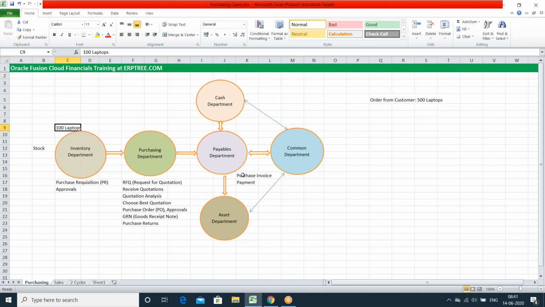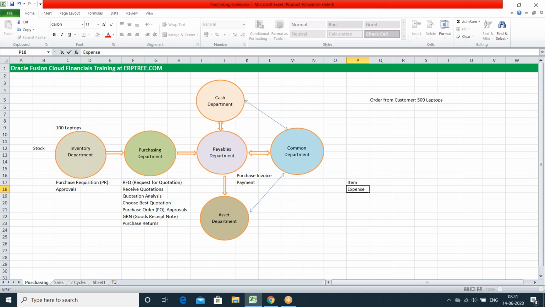If the payables department is creating the purchase invoice, the purchase invoice is related to different kinds of scenarios. One is that the purchase invoice may be related to an item purchase, an inventory item, say a laptop. If not an item, it may be related to some expense.